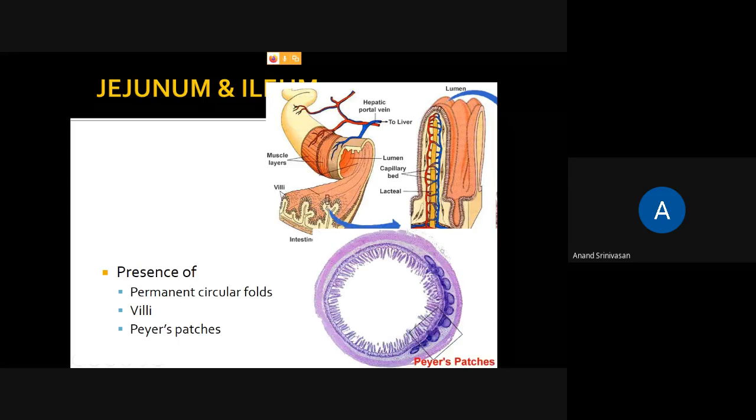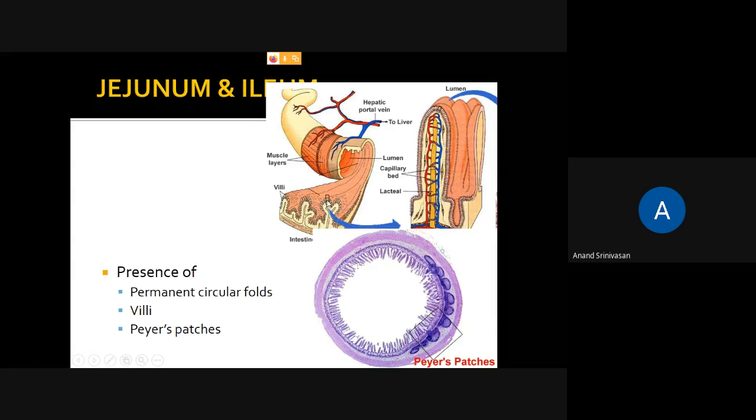Here you can see the small intestine, and inside it you can see that there are circular folds. If you zoom in on only a particular part, you can see finger-like projections.